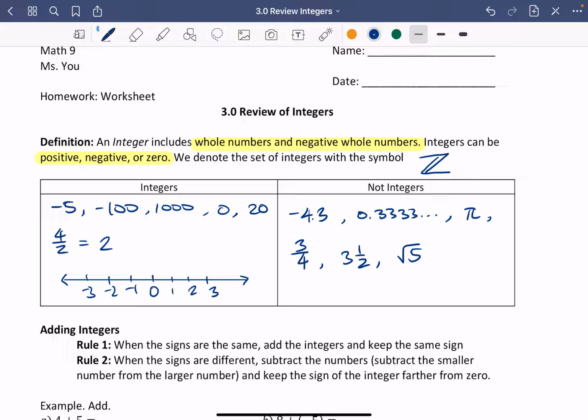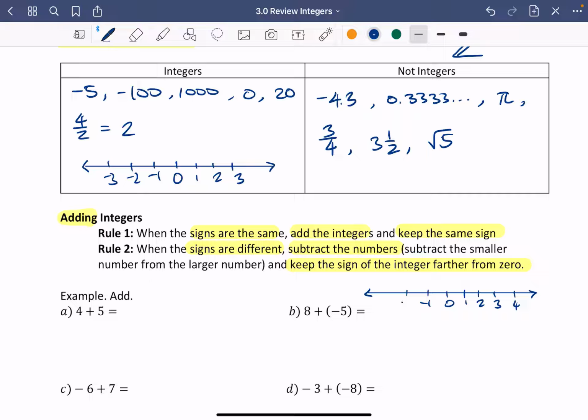What does that mean? What does further from 0 mean? Well, let me give you an example. So let me use a number line. 0, 1, 2, 3, 4. So if we're comparing two numbers, let's say negative 3 and 4, which number is further from 0?